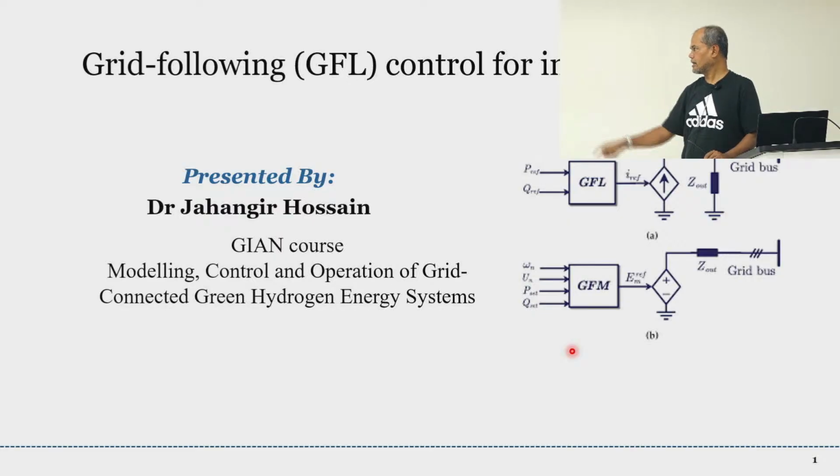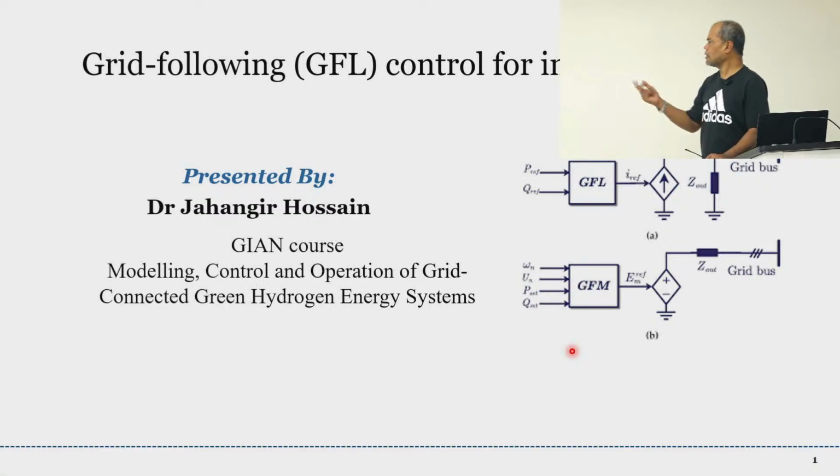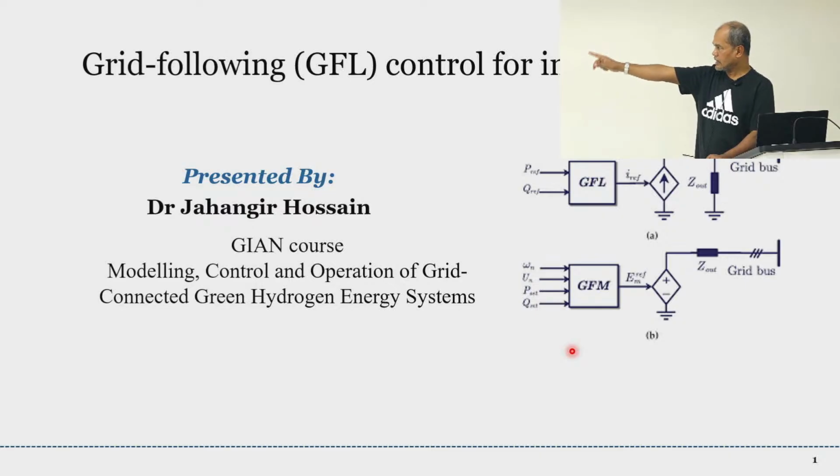And definitely that operates in current source mode. If you remember, we talked about the voltage source inverter and the current source inverter, so that operates as a current source inverter. And when you have a current source, you know that there is an impedance in parallel. So that's how we electrically represent the grid following inverter.